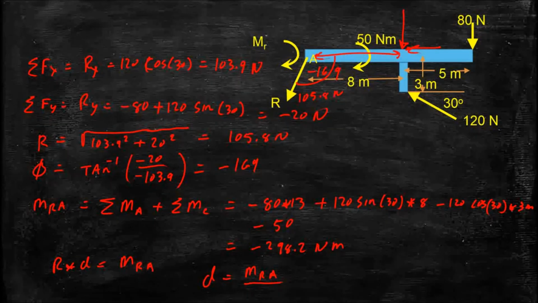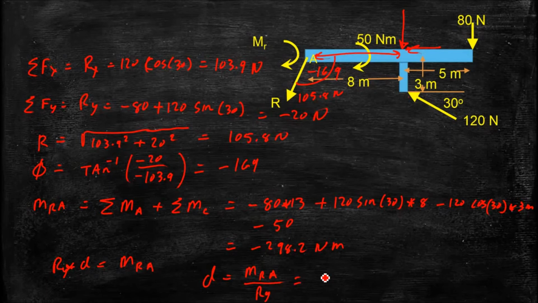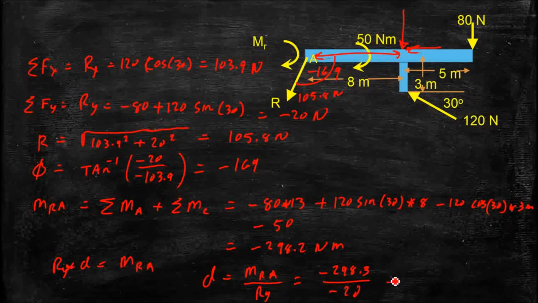So moving it in the x direction, I only have to consider the y component of my resultant force. That's equal to minus 298.3 divided by minus 20, and that gives me a distance of 14.9 meters, which is somewhere over here.